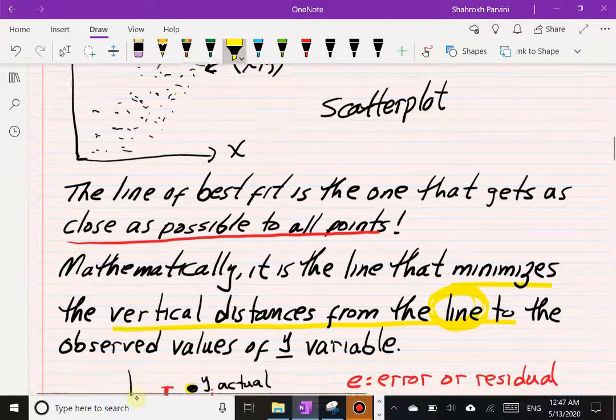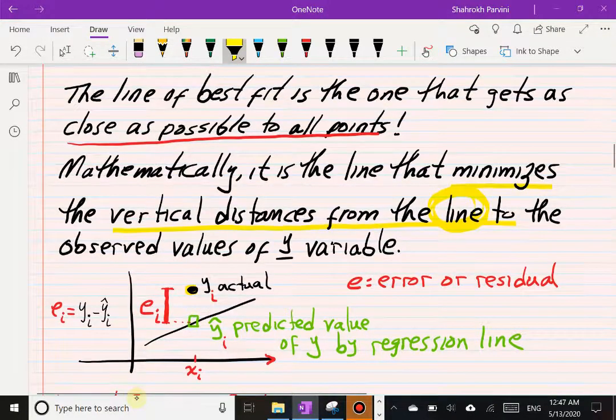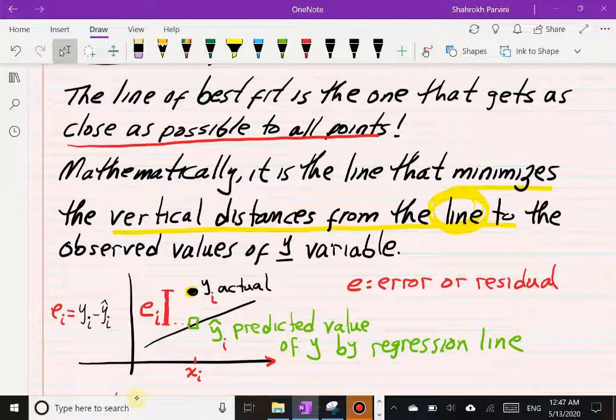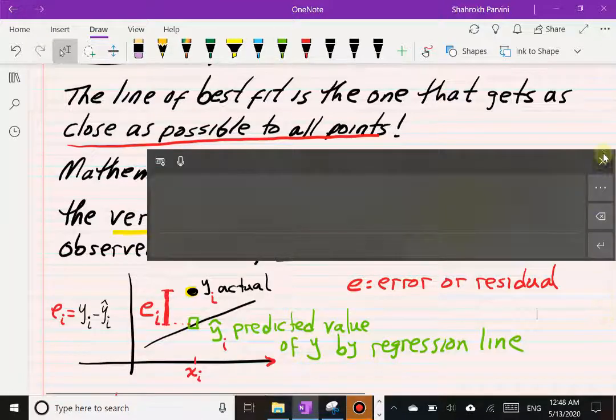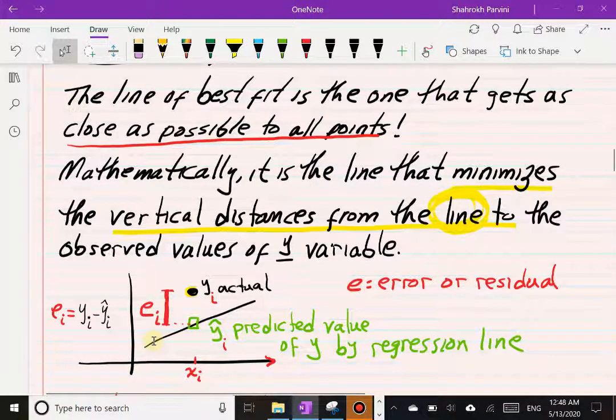Now, this is a sketch that I have drawn, so hopefully this will clarify what we mean by vertical distances. This line is my regression line. This is the actual y value, an observed value, a single data point. This is what we call the predicted value because it's on the regression line.